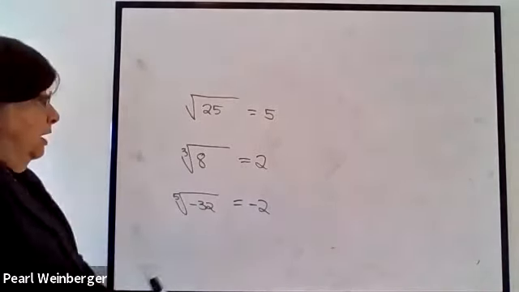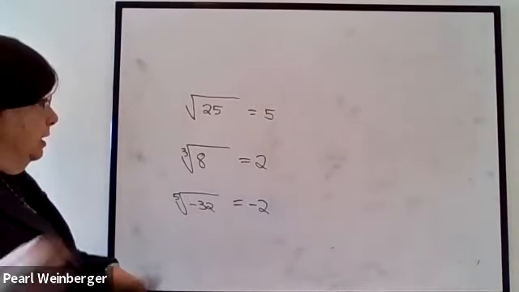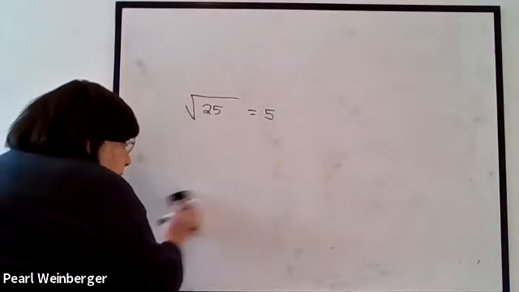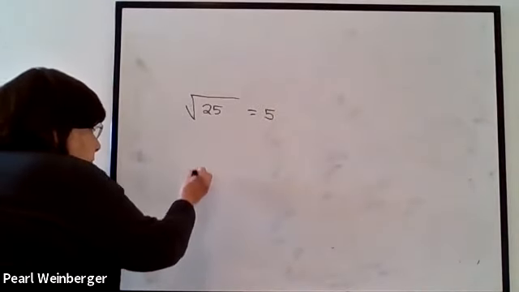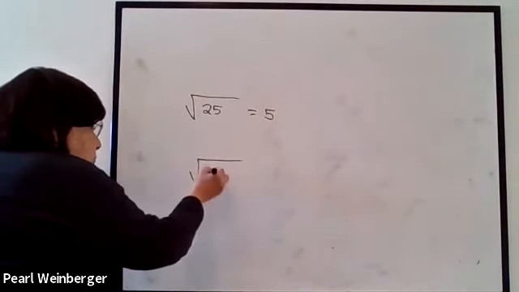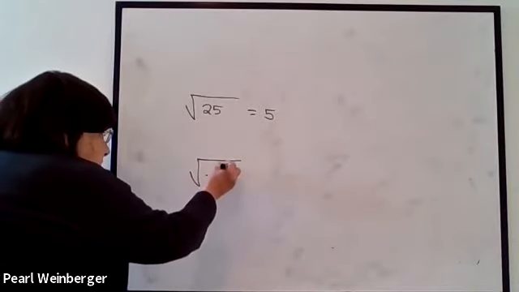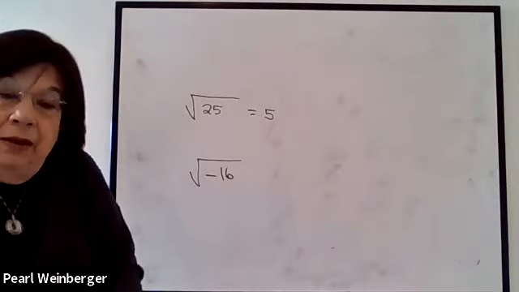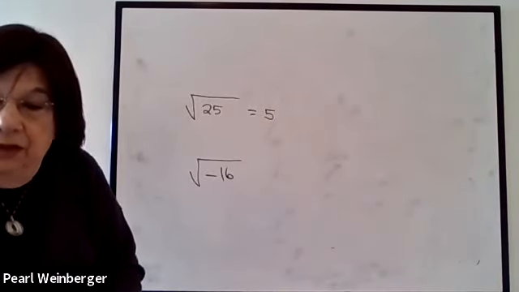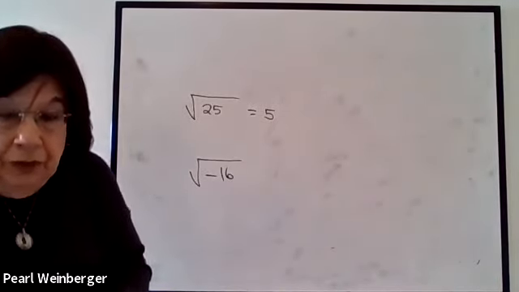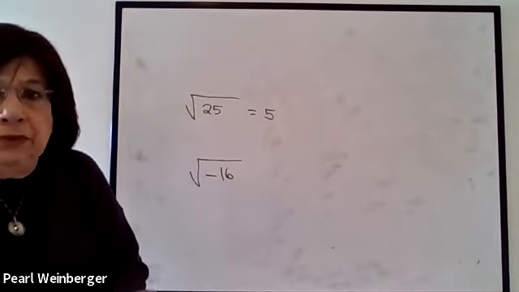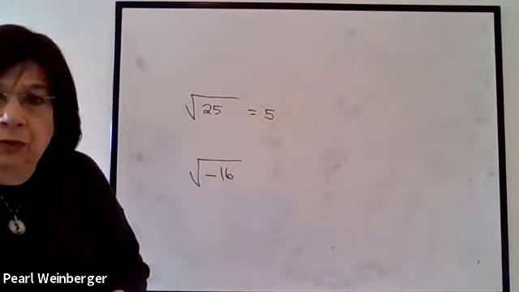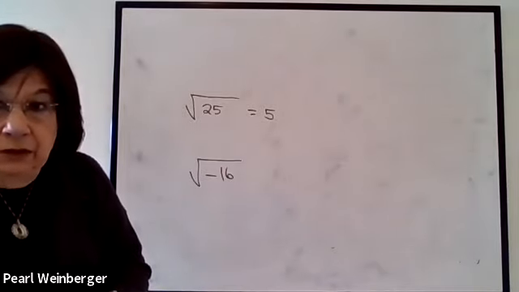In other words, I can't do something like the square root of negative 16. Well, not at the beginning of the chapter. We're going to talk about doing something with it at the end of the chapter, but in real numbers, the numbers that we use on a daily basis, we can't do the square root of negative 16.